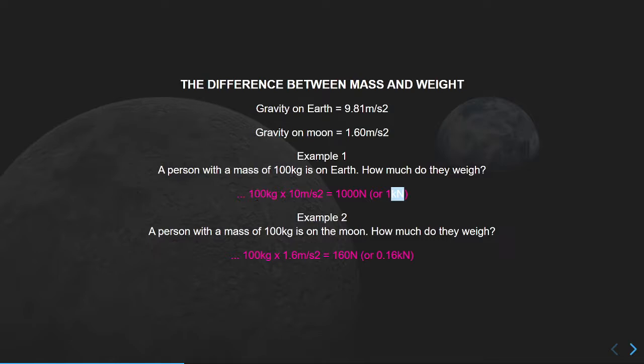So what we're actually measuring when we measure weight with a scale is the force being exerted on the sensors. And then by getting that force, we can make an assumption of the mass of that object.